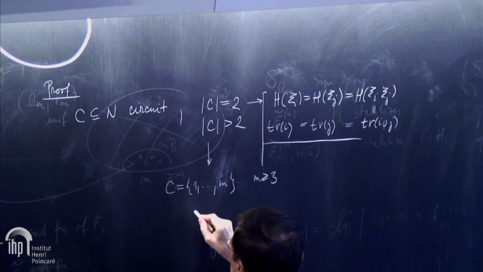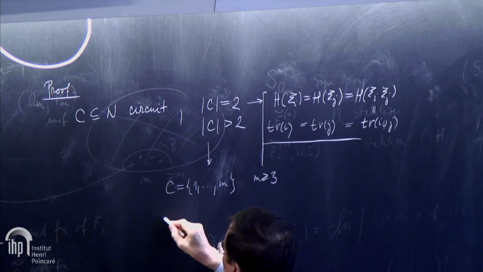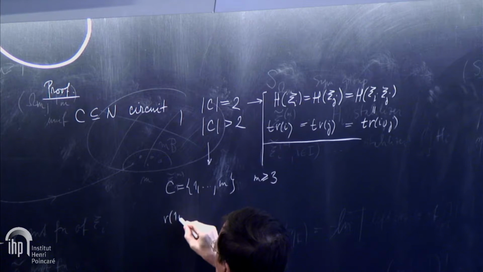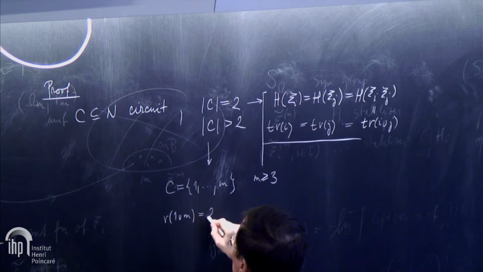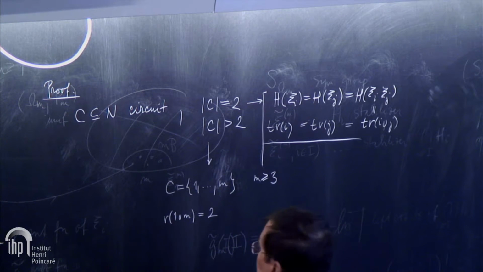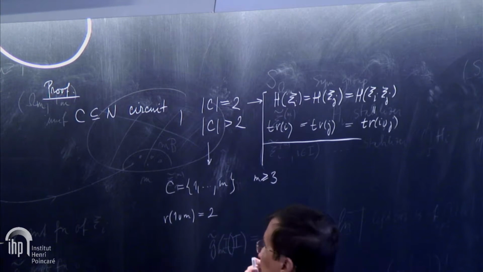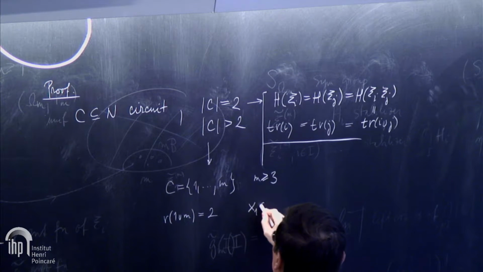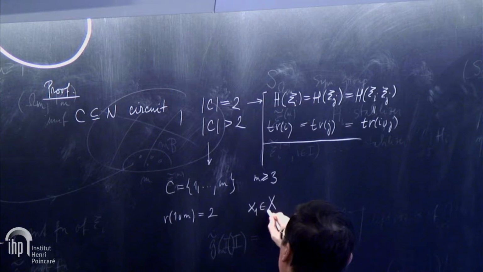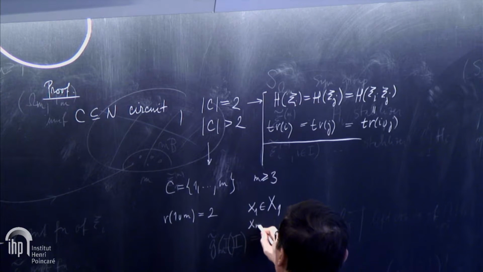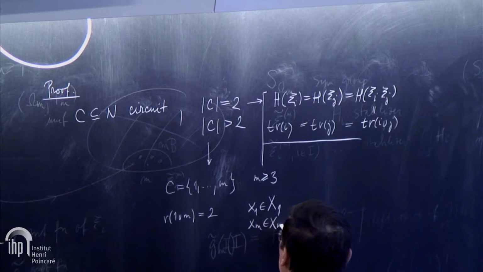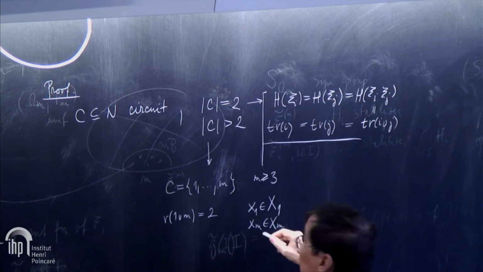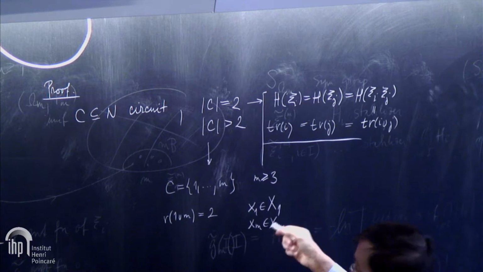Now I know that the rank of 1 to m is 2, which means the first 2 variables are independent. So I can take x_1, the value of the first variable, and x_m, the value of the last variable, and they may take arbitrary values.